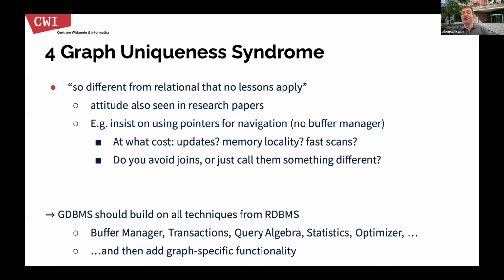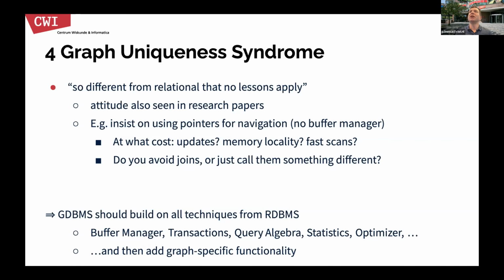Or if you follow pointers between objects, what about memory locality? You have 1 billion objects. Are they really close to each other? Can you do a fast scan through 1 billion Java objects? Probably not. And are you really avoiding doing joins, or are you just calling joins something else if you do navigation like this? So my point of view, and that's of course reflected in the title, is that graph database management systems should build on all techniques that we already know.